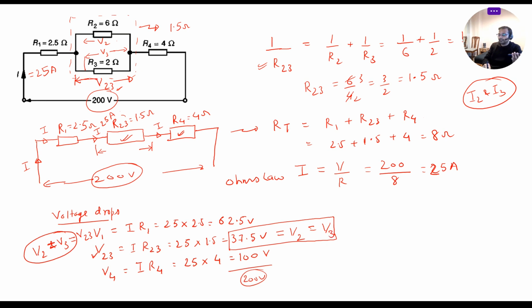We have calculated the voltage drop across the parallel part. It will be the same as the voltage drop across each resistor. Okay, so we have calculated all the voltages.